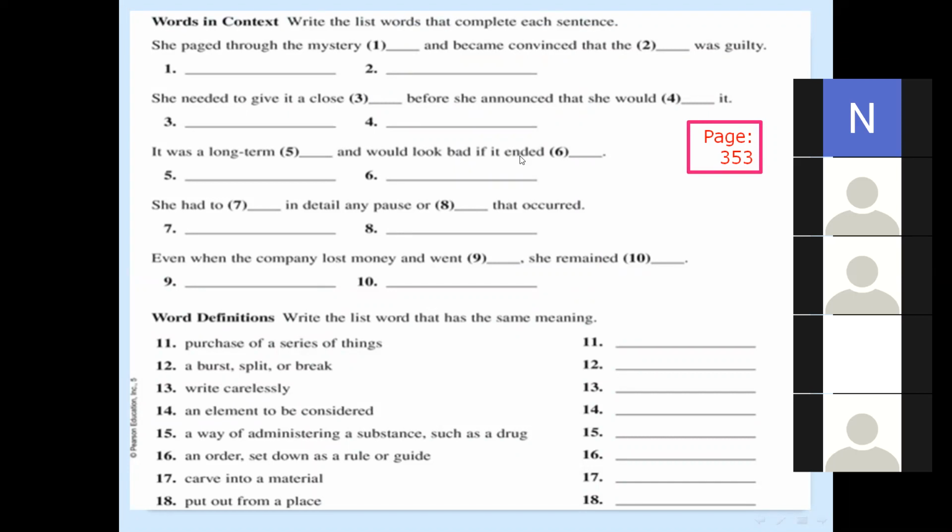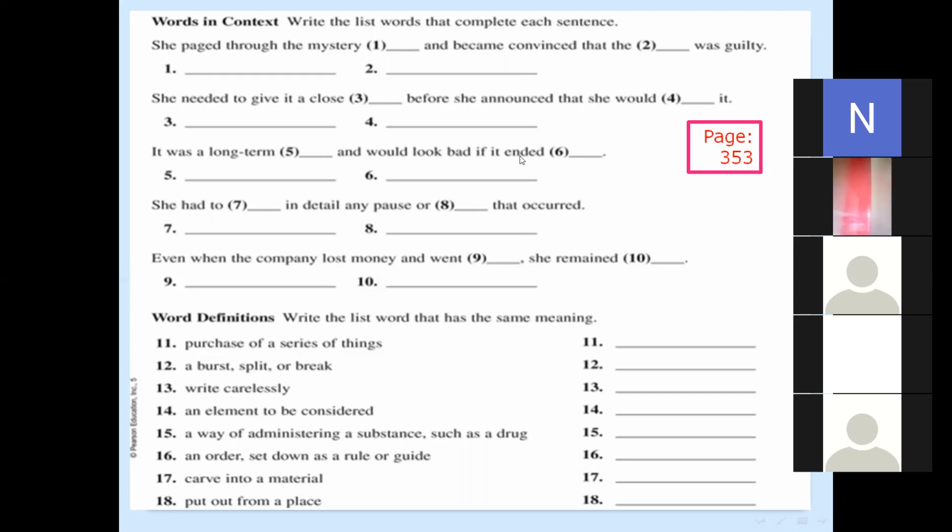Now write the list word that completes each sentence.